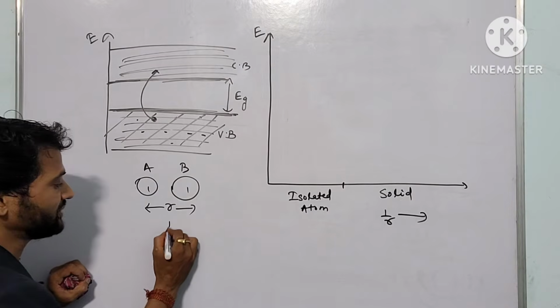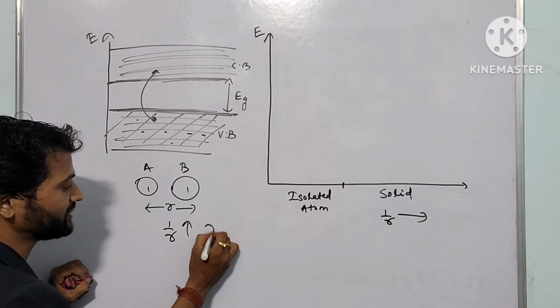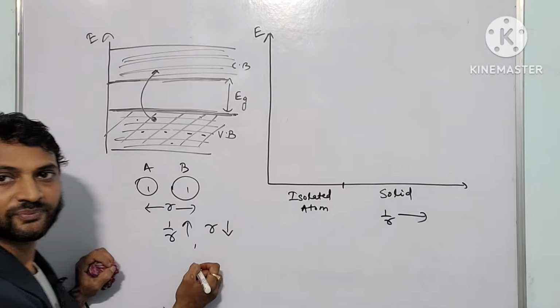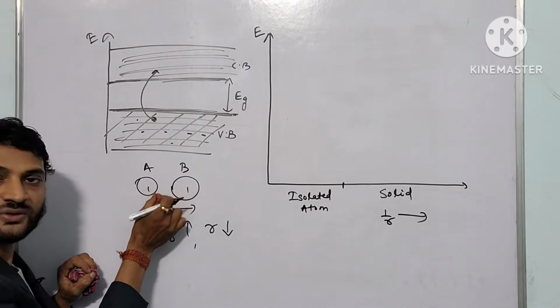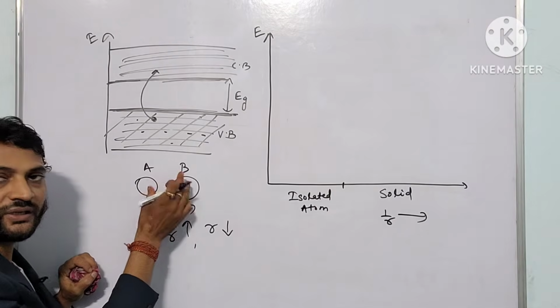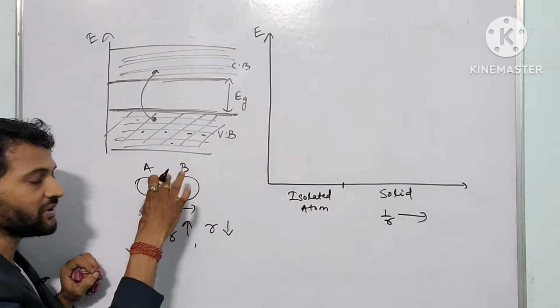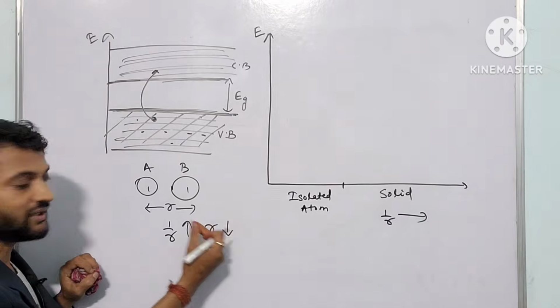Now the point is, if 1 by r increases, that means r is decreasing. If r decreases, atoms become closer to each other, so the chances of interaction will be more, right?